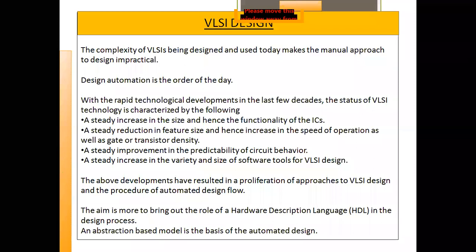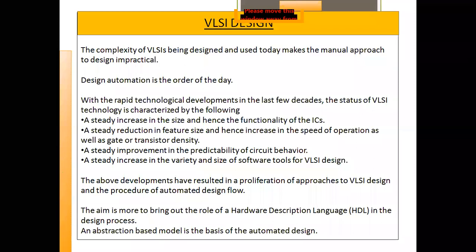So the above said developments have resulted in a proliferation of approaches to VLSI design and a procedure of automated design flow. Here our main aim is to bring out the role of a hardware description language in the design process.